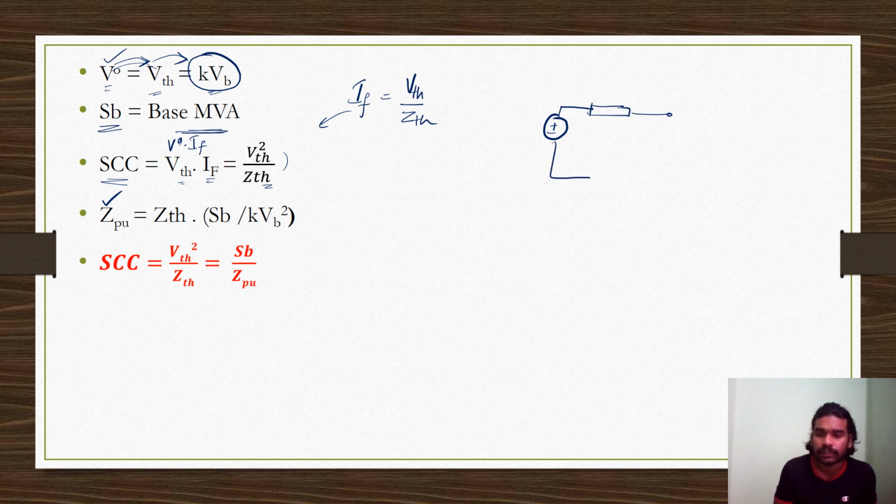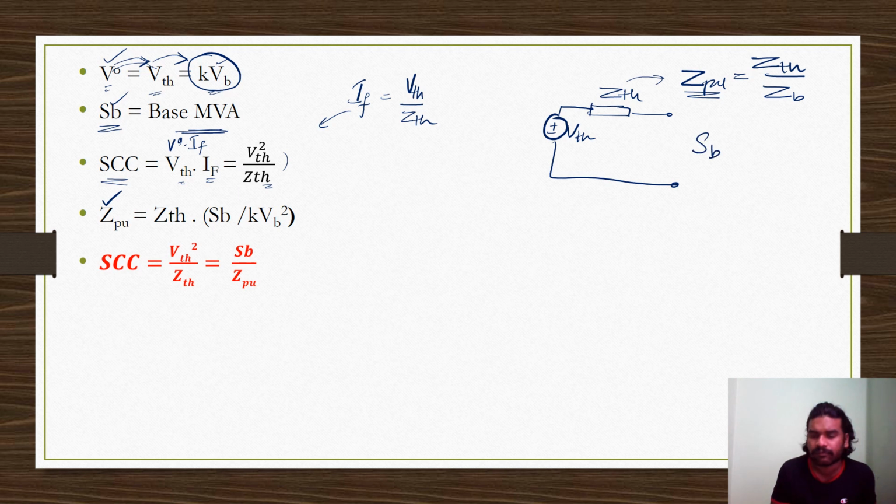In this Thevenin equivalent circuit, ZTH is there, VTH is there. I want to convert this ZTH into Z per unit. The per unit value is equal to the actual value, ZTH, divided by the base impedance ZB. What will be the value of ZB in this system where SB is the base MVA and KVB is the base voltage?